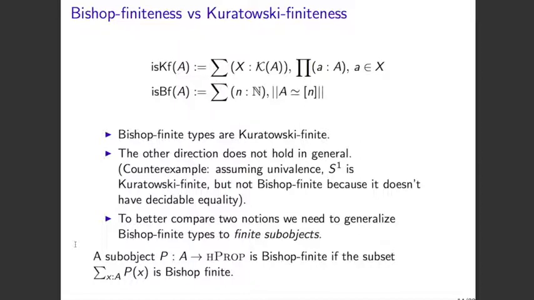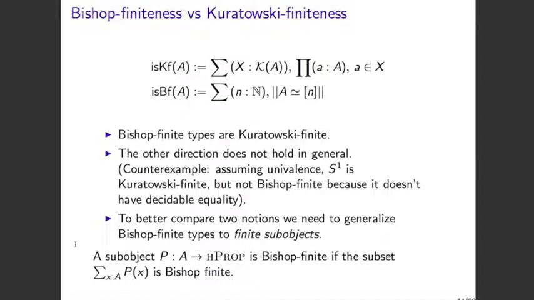Well, firstly, by induction on the size of a set, we can show that every Bishop finite type is Kuratowski finite. However, the other direction does not hold in general. For example, we can show that the circle S1 is Kuratowski finite. But assuming univalence, we know from the work of Licata and Schumann that the circle doesn't have decidable equality, hence it cannot be Bishop finite.